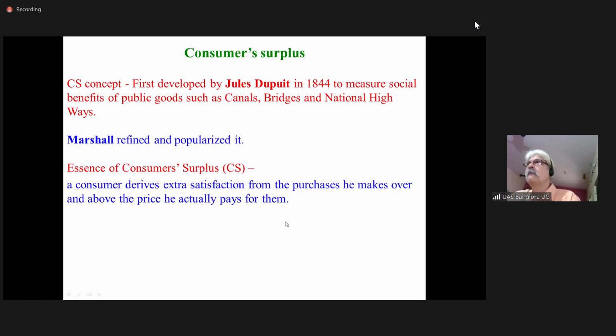You go there and a black market ticket seller approaches you and asks, do you want a ticket? You inquire, how much? Immediately he says 400 rupees.